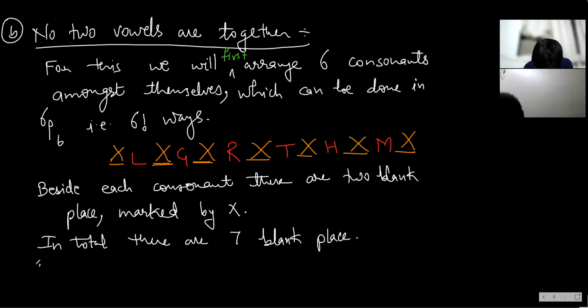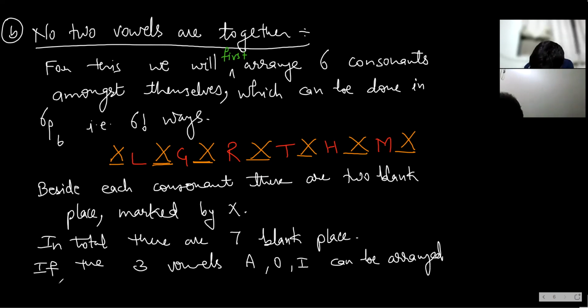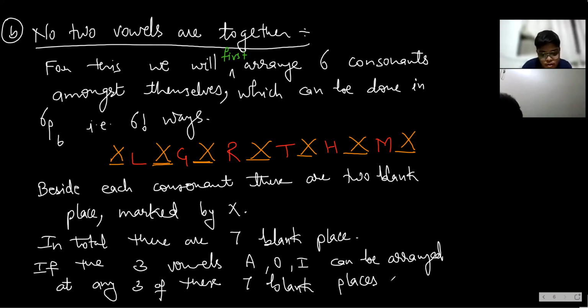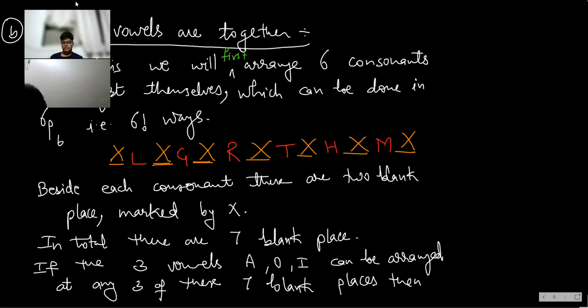If the three vowels A, O, I can be arranged at any three of these 7 blank places, then no two vowels will be together.